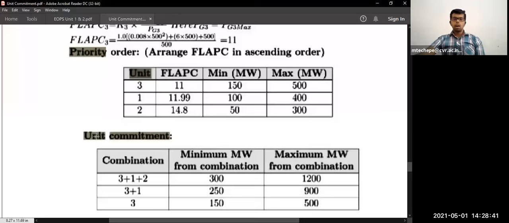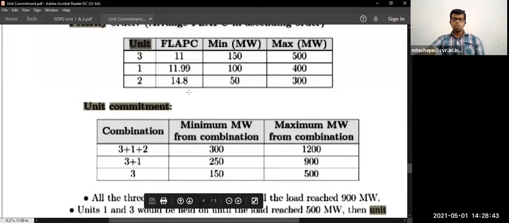Next we go for the unit combination. You can easily go for 3 plus 1 plus 2, then 3 plus 1, and then 3 alone. For the minimum and maximum combination, while combining all units, even the minimum megawatts are being satisfied.